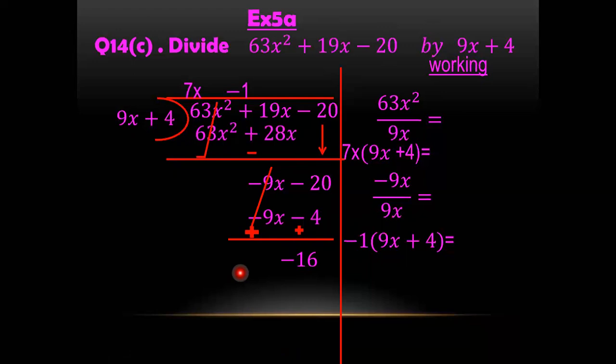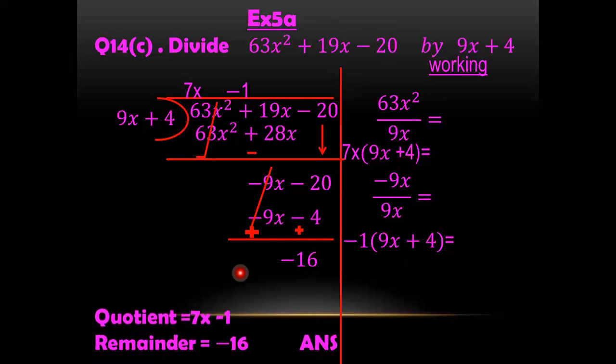So overall the answer will be 7x minus 1 and the remainder is minus 16. Here you can also check on your own that if you multiply this divisor with this quotient and add this remainder to this product, you will get the dividend 63x square plus 19x minus 20.